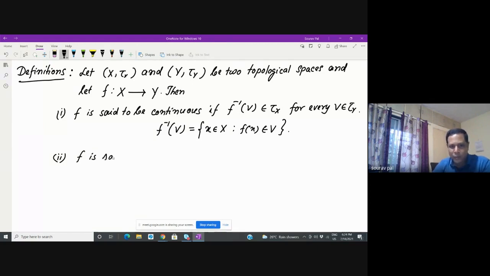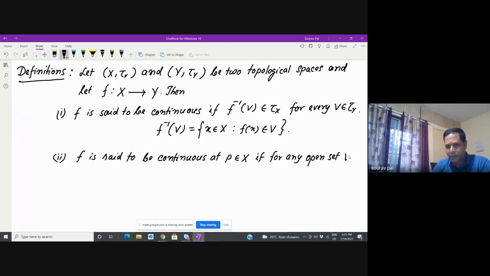So f is said to be continuous at a point, say p belongs to X, if for any open set V containing f(p), there exists an open set U in X such that p belongs to U and f(U) is contained in V.